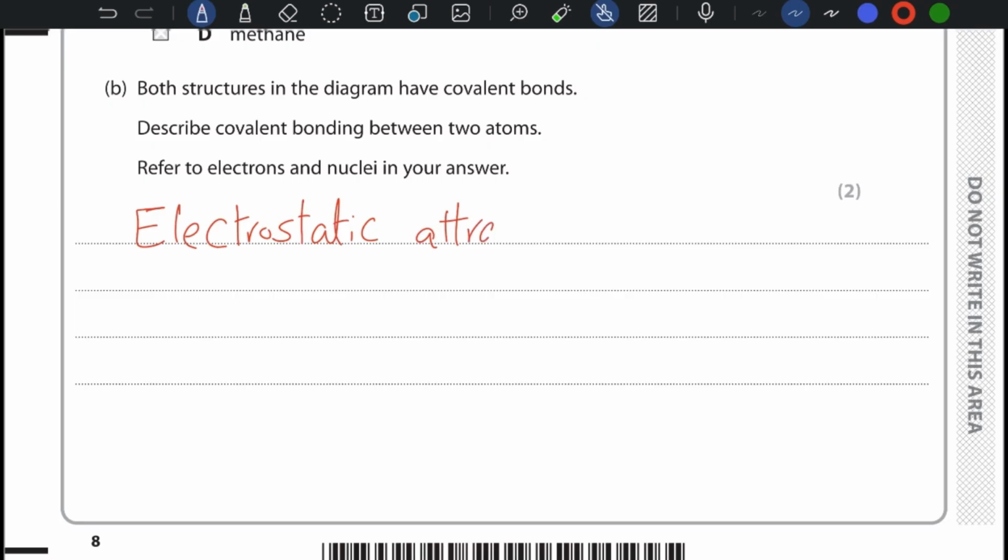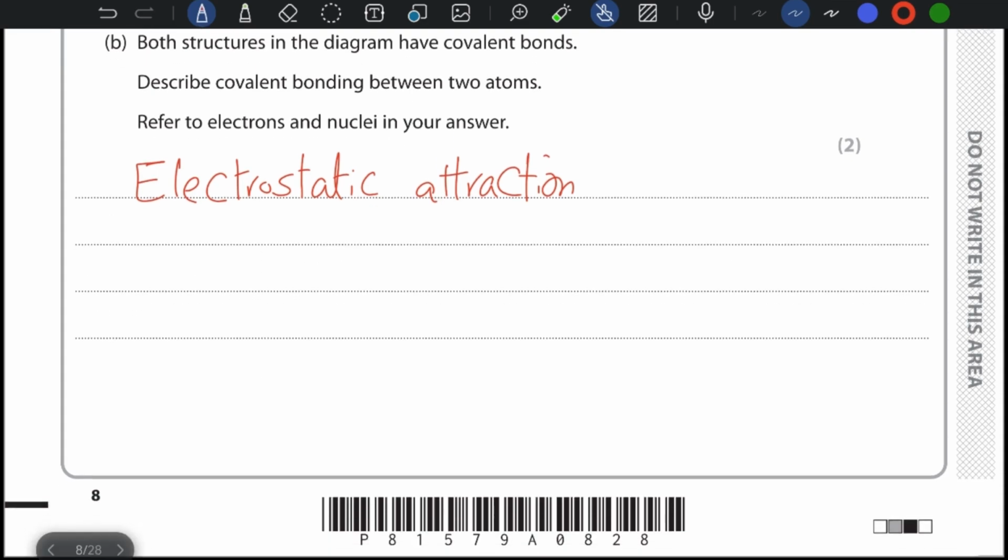Any description of bond must include electrostatic attraction. In the case of a covalent bond, it is electrostatic attraction between a shared pair of electrons and the nuclei. In the case of an ionic bond, electrostatic attraction between oppositely charged ions, positive ion and negative ion. In the case of a metallic bond, electrostatic attraction between positively charged cations and delocalized electrons.